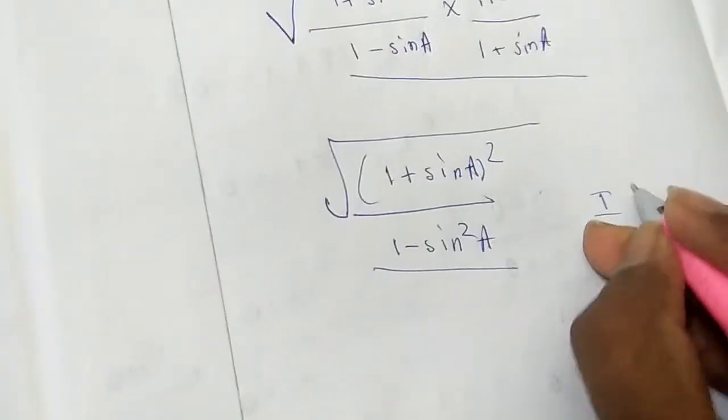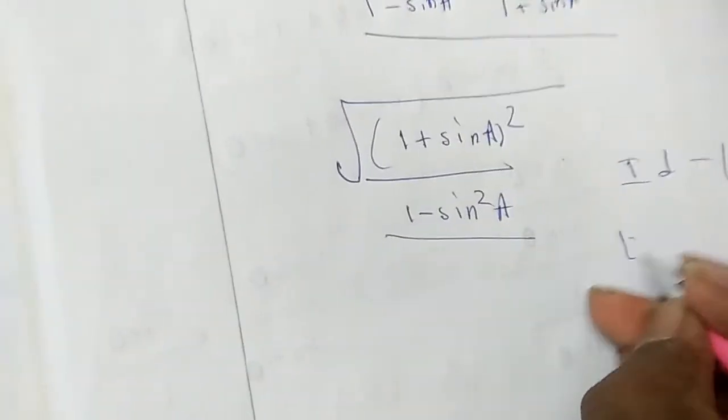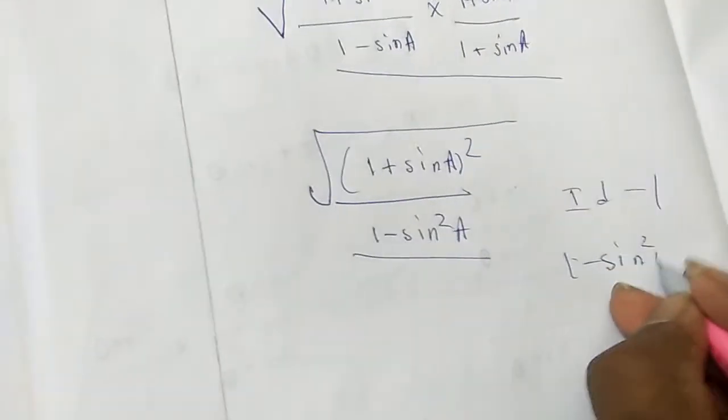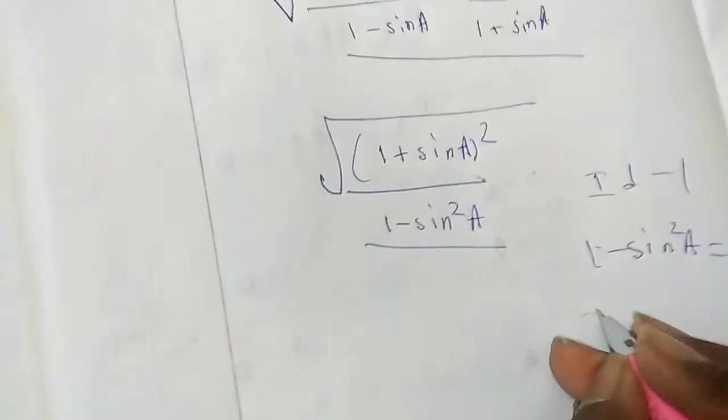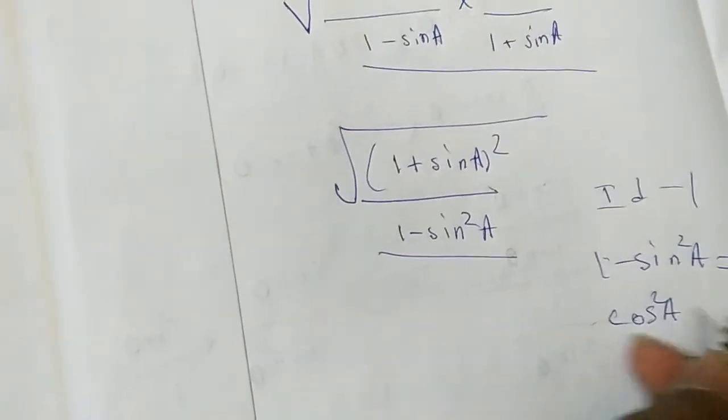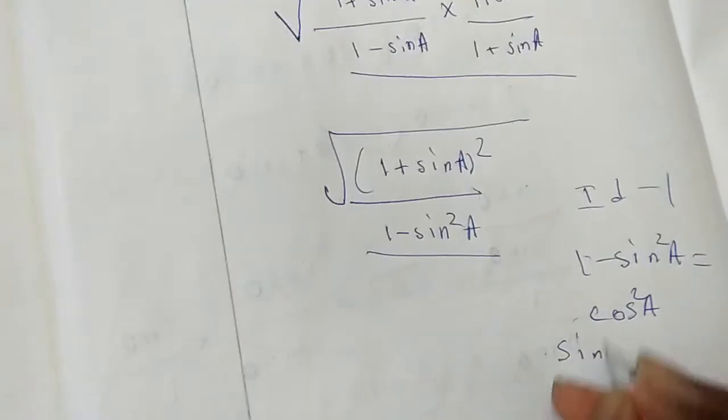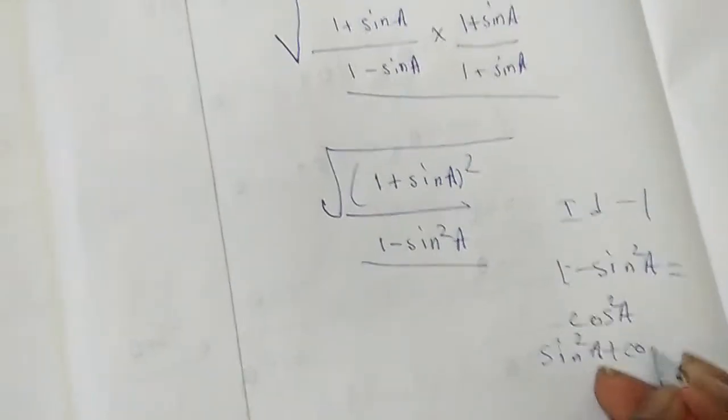Because by using identity, 1 minus sin square a is equal to cos square a, according to the sin square a plus cos square a is equal to one identity.